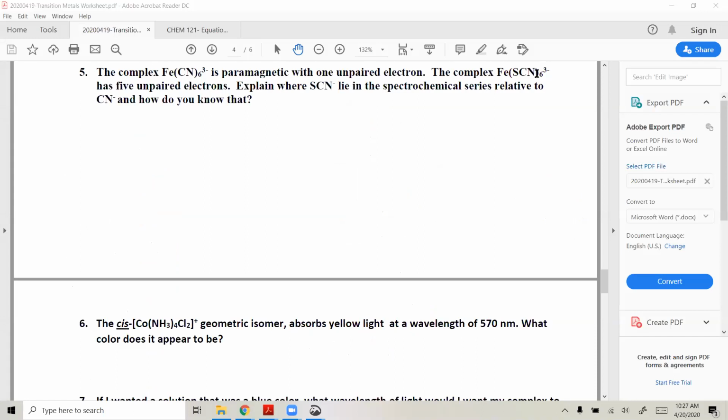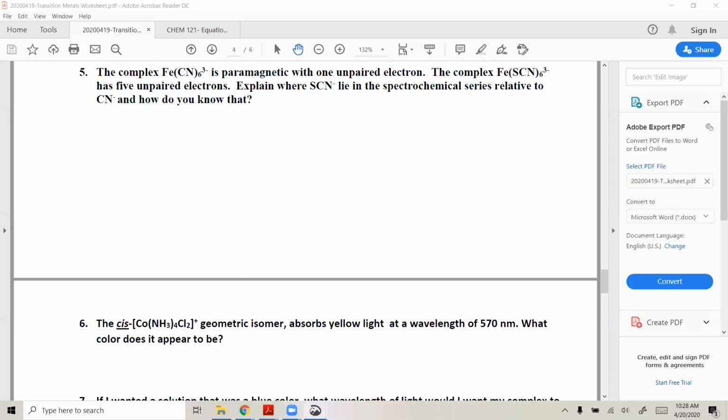Is that going to be our iron with the CN, or is it going to be our iron with the SCN? So our low spin state is going to be with the CN. Our high spin state is going to be the SCN, and it's all about your unpaired electrons.